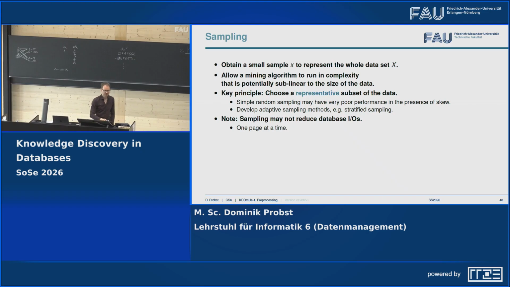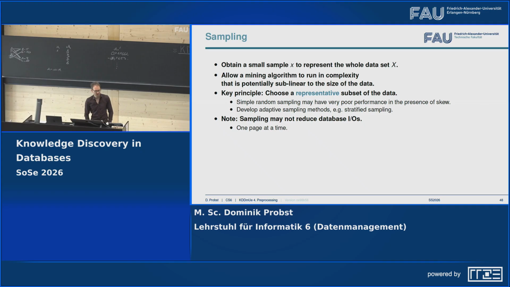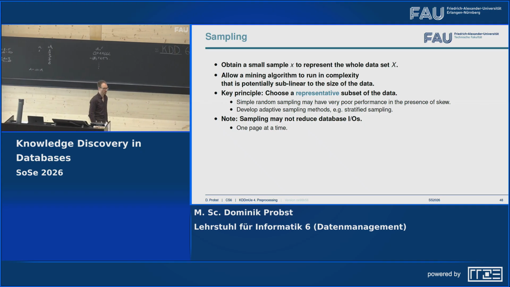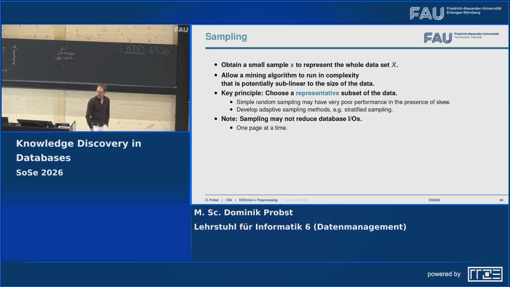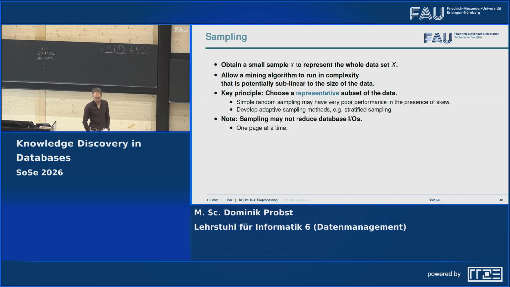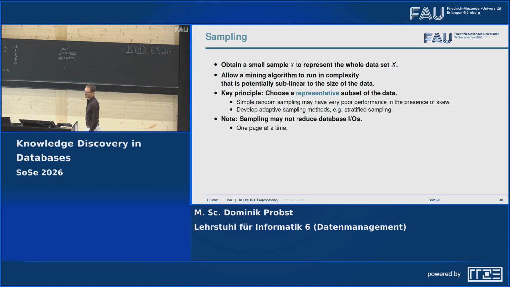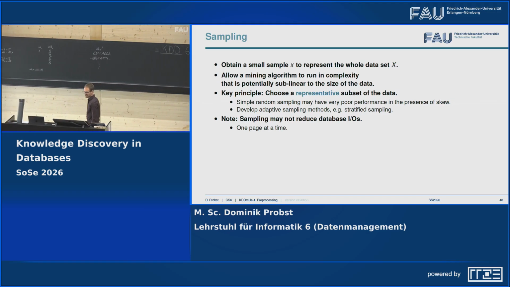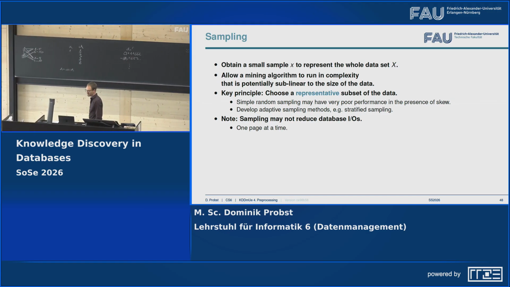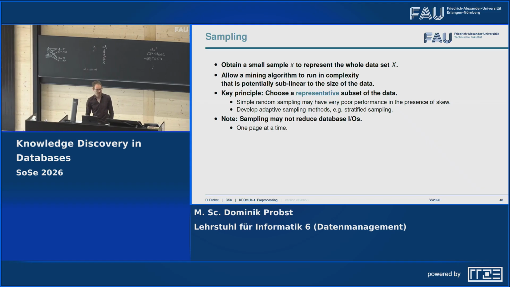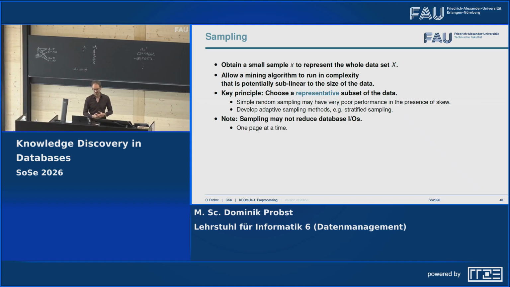And sampling is pretty easy as well. We want to obtain a small sample to represent our whole data set. Of course, we want this sample to be representative. It's not that easy to find a really 100% representative sample. That's something that has to be said.